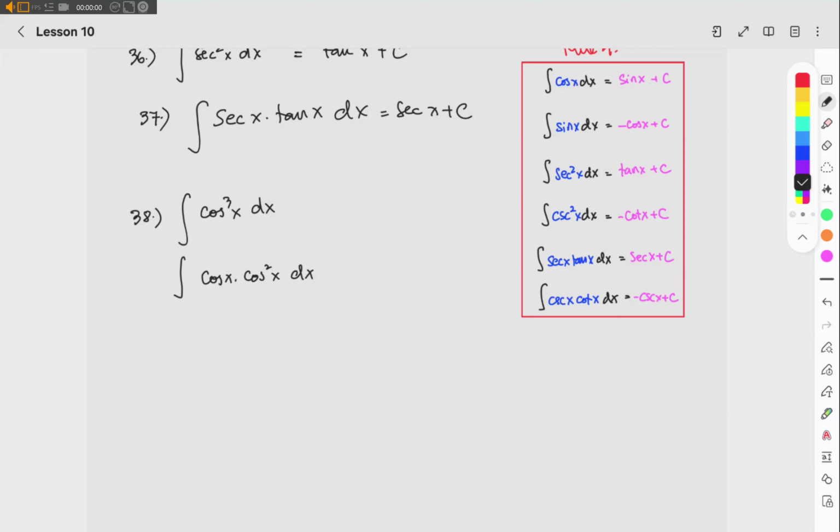Now, are these two expressions the same or different? Are these equal or not? Different. Why different? Why?